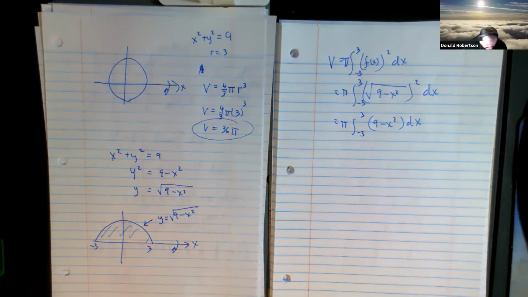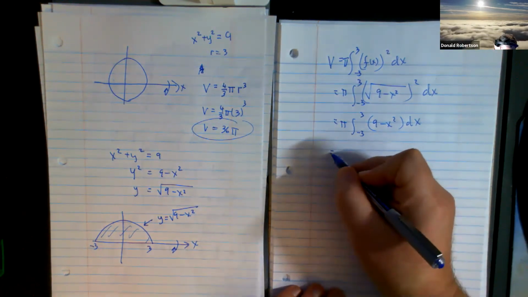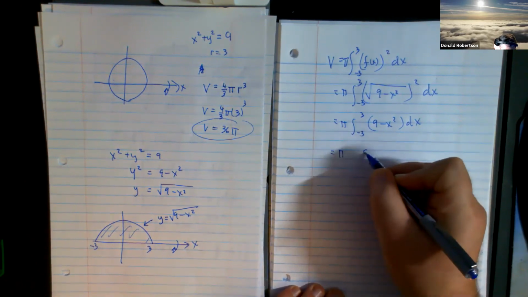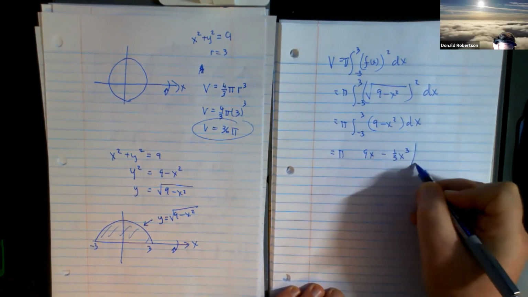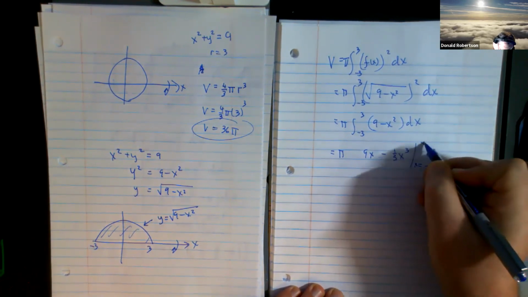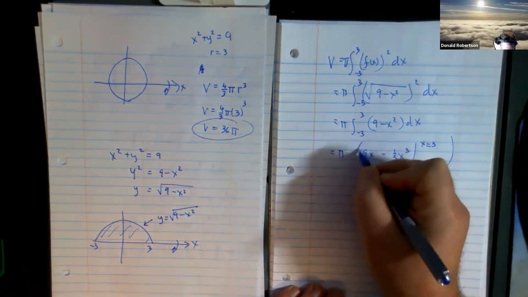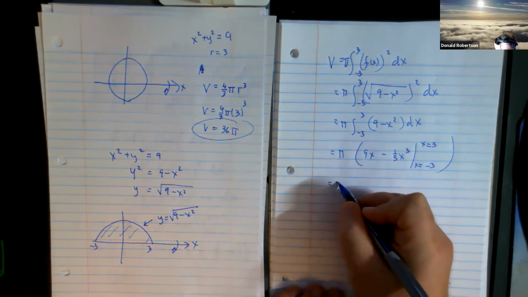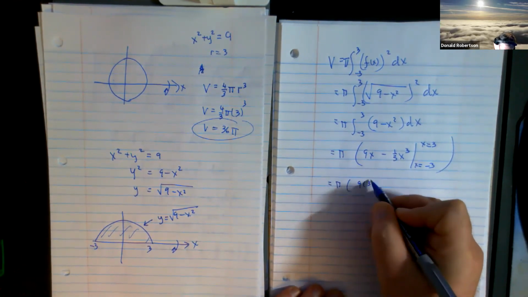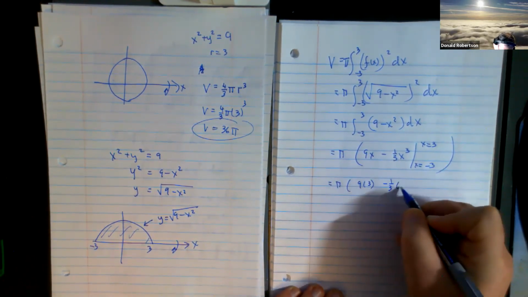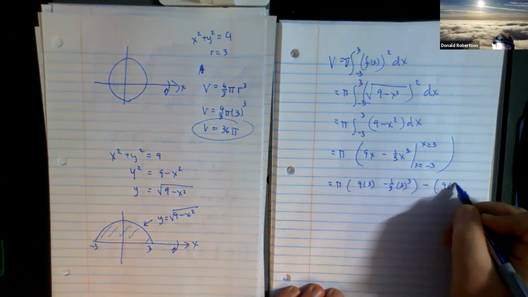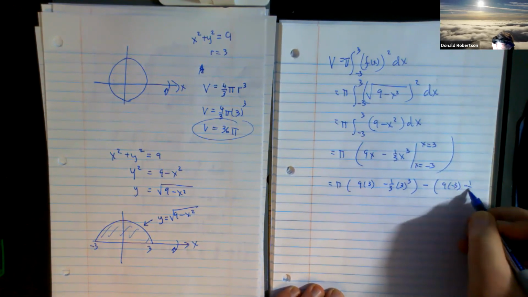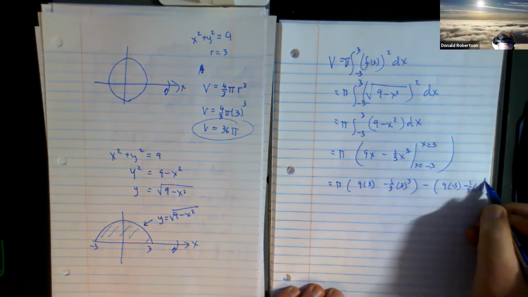In this case, 9 minus x squared. I can then power rule. Nine lots of 3, take away 1/3 cubed, minus 9 lots of negative 3, take away that guy.